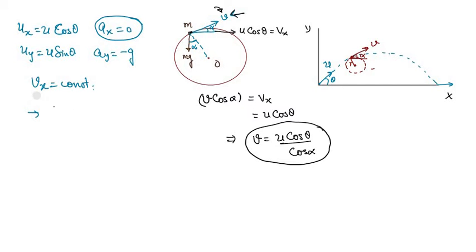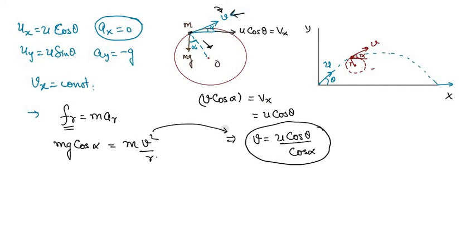So now write the equation of motion. Fr is equal to m ar. Your force in the radial direction, force in this direction, is mg cos alpha. So this is mg cos alpha. This is mass m. Your acceleration is v square by r, and this v is the velocity at that point.